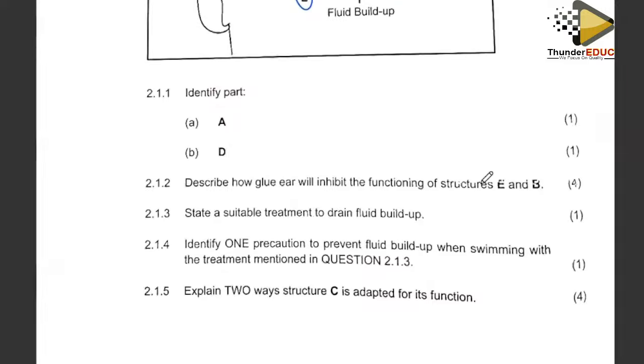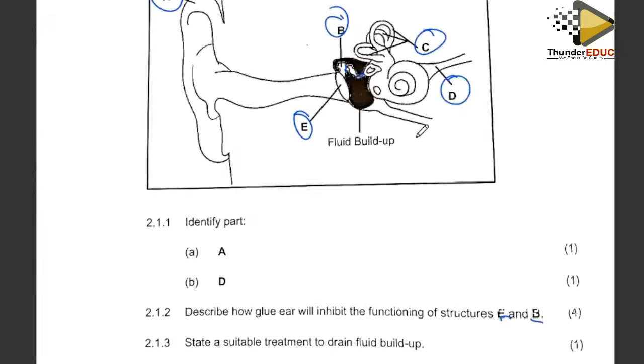They're saying, describe how glue ear will inhibit the function of E and B. How will this glue ear limit the function of this E and B? Automatically this one will not vibrate, and then this one will not amplify the vibration.